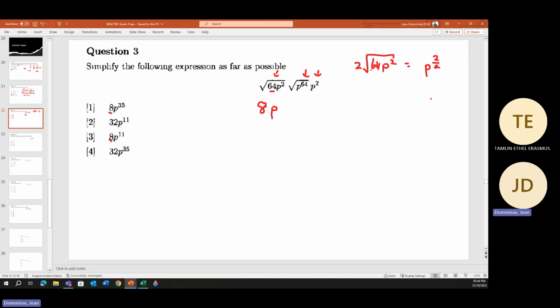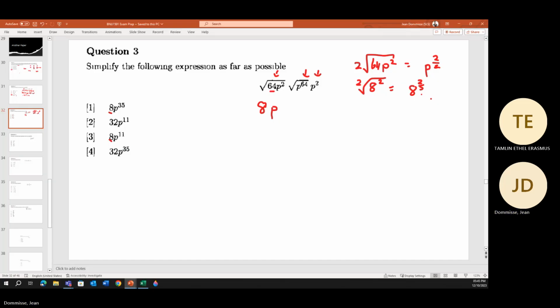So the 64 we could have done as 8 to the power of 2. So if we then write that over, it's 8 to the power of 2 over 2, which is 8 to the power of 1, which will give us 8. Okay, so that component has been done.